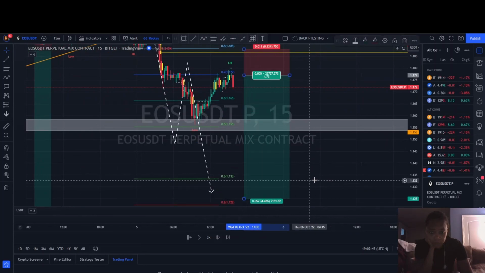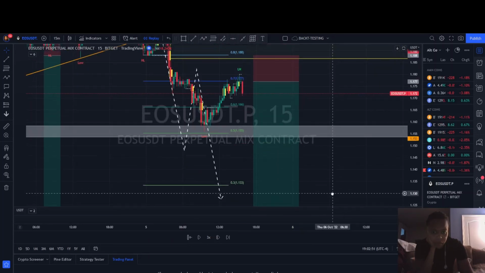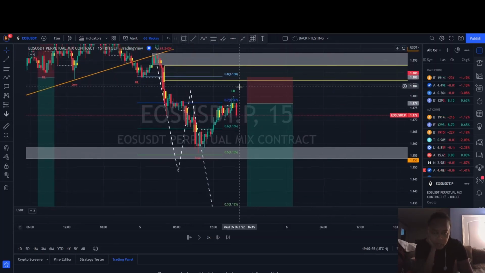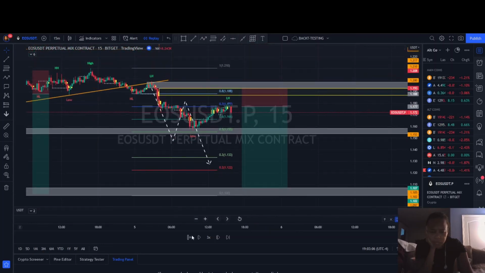And let's aim for this area here. Just because we're greedy, we could have aimed for 0.2 or something like that. And then let's put the stop above this imbalance here, give it a little room. And let's let that play out.